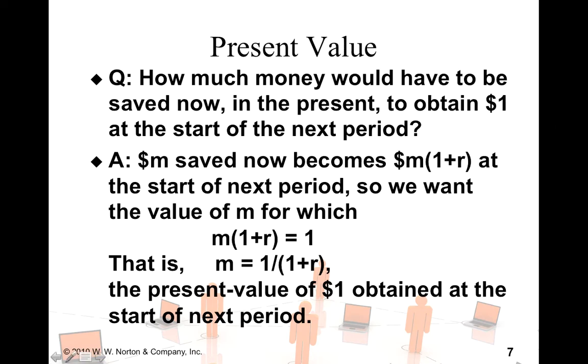Now, given that r is positive, this fraction is going to be less than 1, which means to get a dollar at the start of the next period, you're not going to pay a dollar today, you're going to pay less than that.